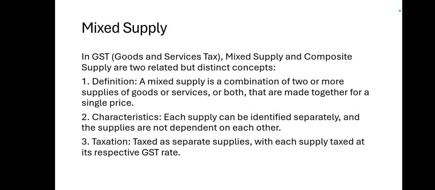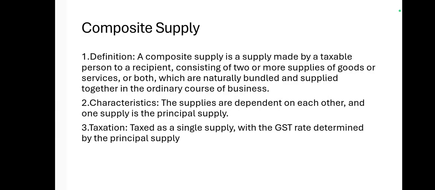Next, we will discuss composite supply. Composite supply is a supply made by a taxable person to a recipient consisting of two or more supplies of goods or services or both, which are naturally bundled and supplied together in the ordinary course of business.